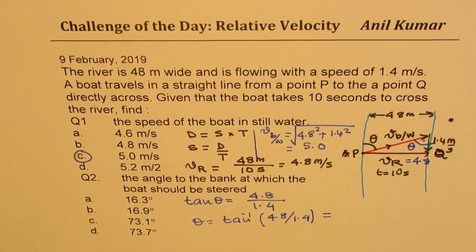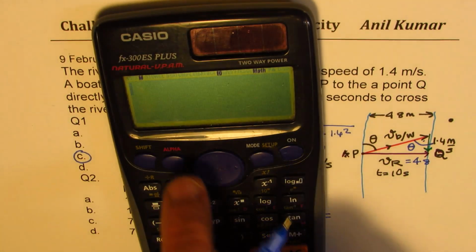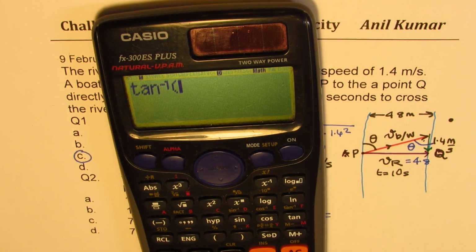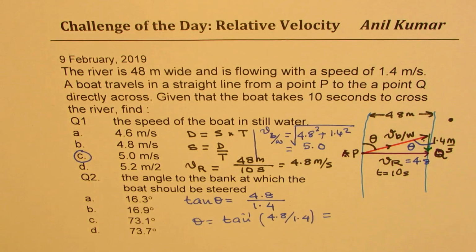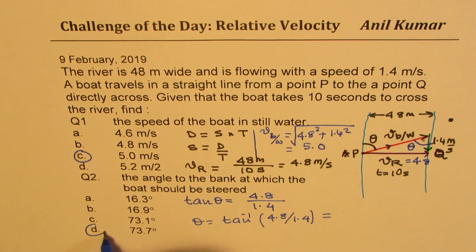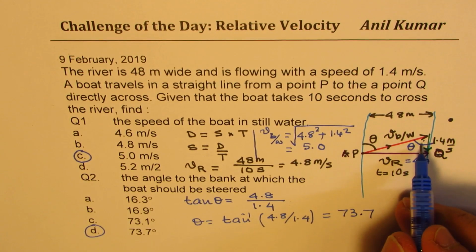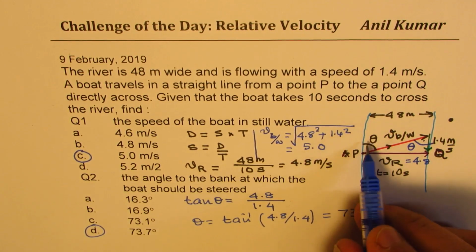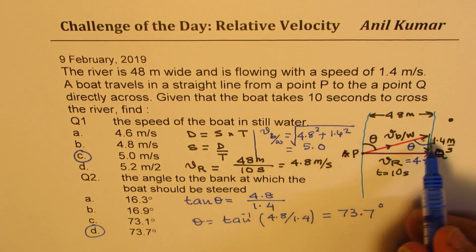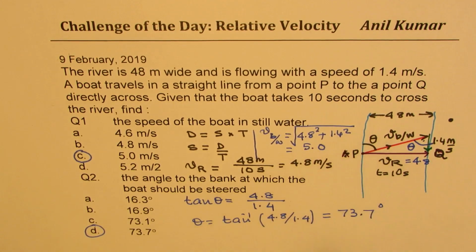Shift tan inverse of 4.8 divided by 1.4 equals 73.7. So 73.7 is the last option. That is the angle which the boat heads with the bank. That is how you get it.